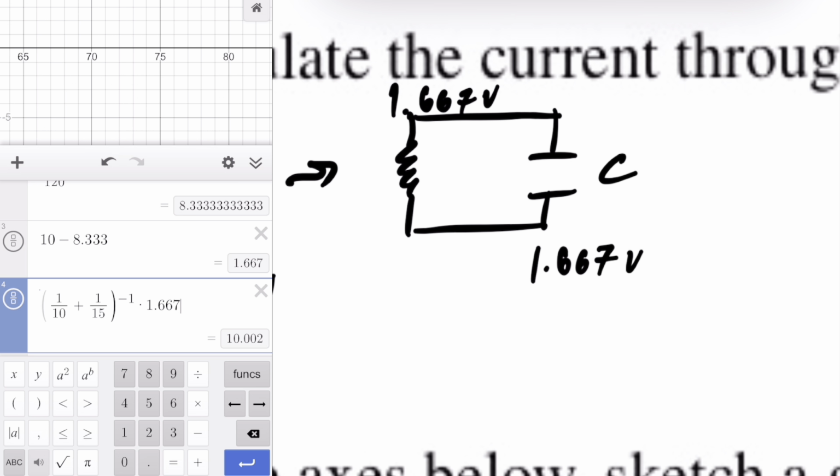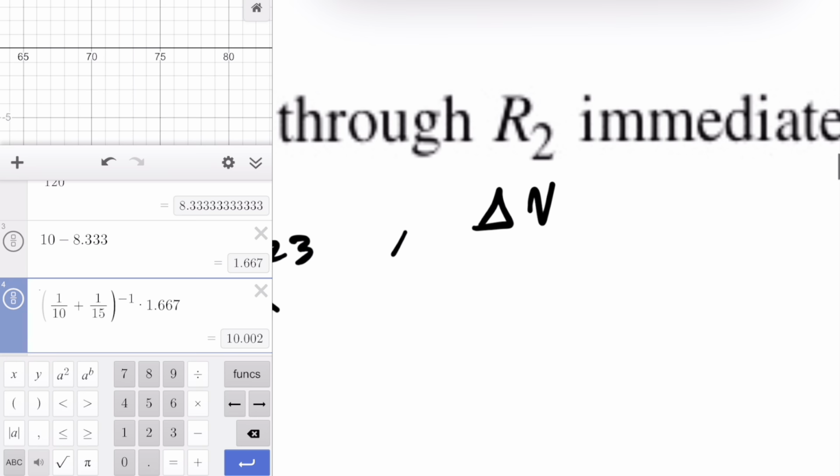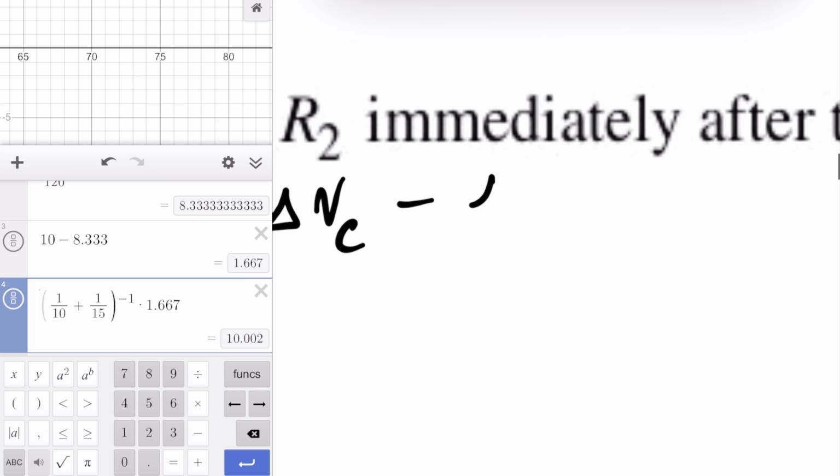I have this new capacitor C123. I don't even need to calculate the capacitance because I know the voltage that it has, right? There was plus here, minus here. Let's think. Current will flow like this. And by Kirchhoff's loop rule, all the voltage has to drop there in order to complete the loop.